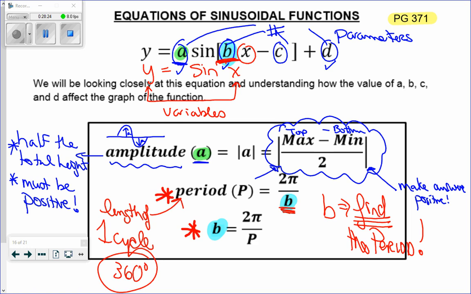Okay. What I need you to understand is B does not equal period.